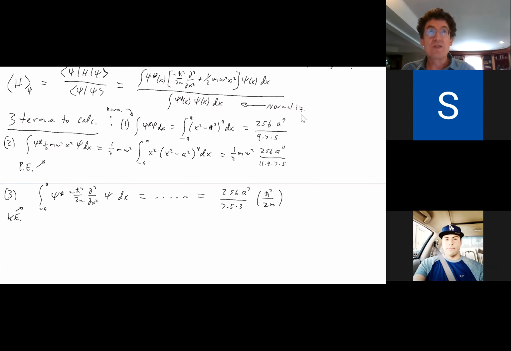That's what you'll get if you do that algebra. Then just add it all up, and we see that our expectation value, and the expectation value now is a function of what variable?